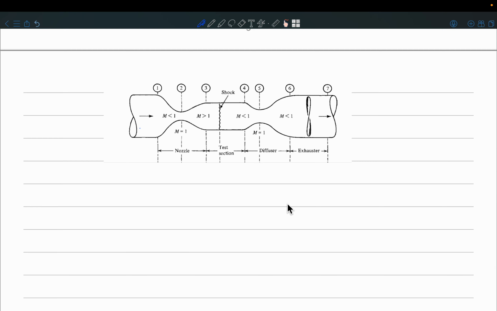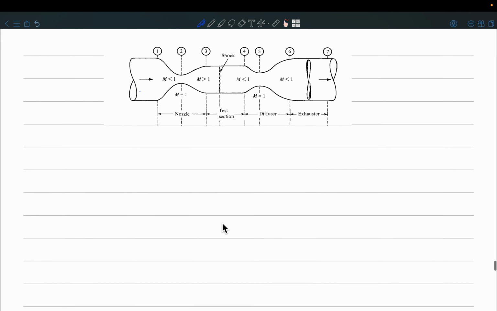So now I want to actually draw the Mach number variation along this wind tunnel. So let me do that. That will also clarify some of your doubts. So here I'll plot the Mach number M, and this is the location.